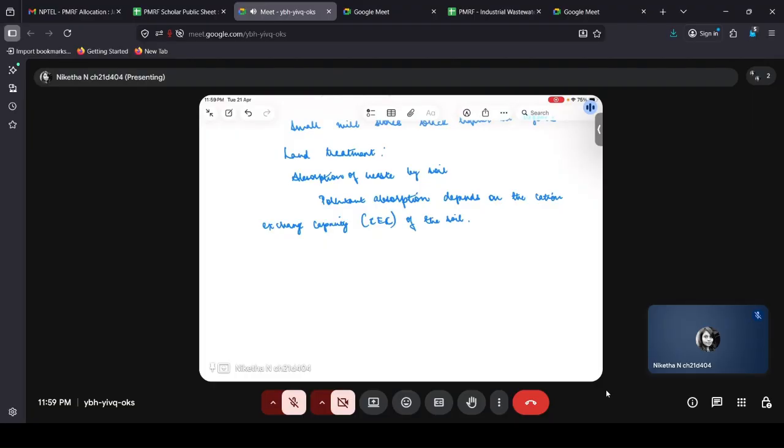So CEC is a typical characteristic of soil. So depending on the type of pollutant and the cation exchange capacity of the soil, only if we know these two can we say if the pollutant can be absorbed by the soil or not. So depending on the cation exchange capacity and the type of pollutant, the level of absorption could vary. For some pollutants it could be quite high, for some pollutants it could be very less.